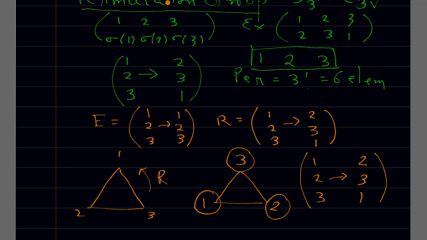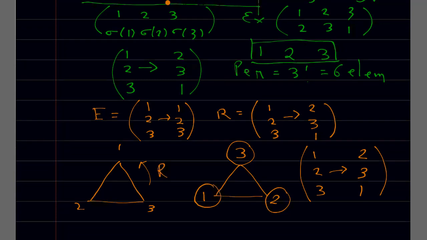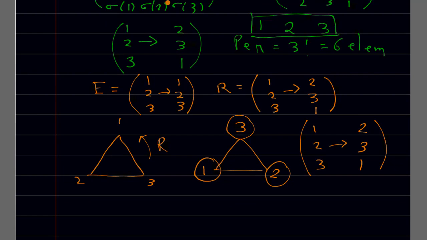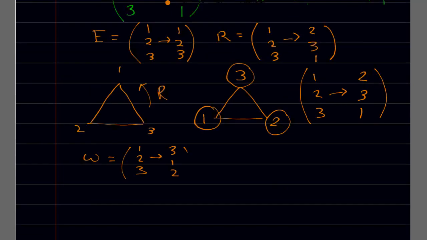Similarly, let us define other operators. W is such that 1, 2, 3 goes to 3, 1, 2. We have sigma defined as, when it acts on 1, 2, 3, it takes you to 1, 3, 2, and then sigma prime is such that it acts on 1, 2, 3 and takes you to 3, 2, 1.